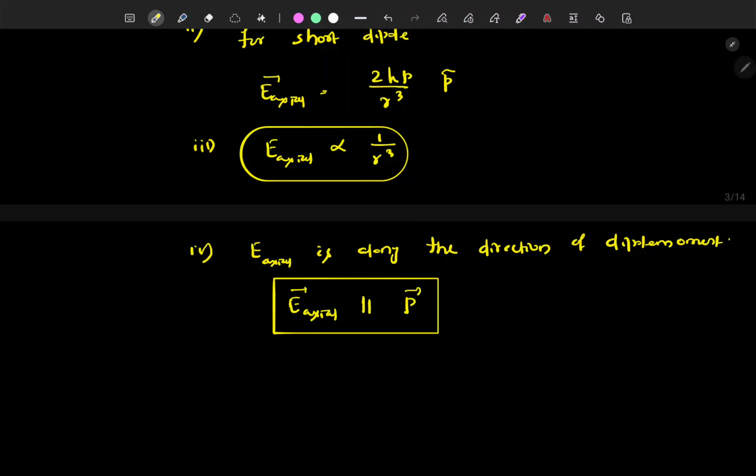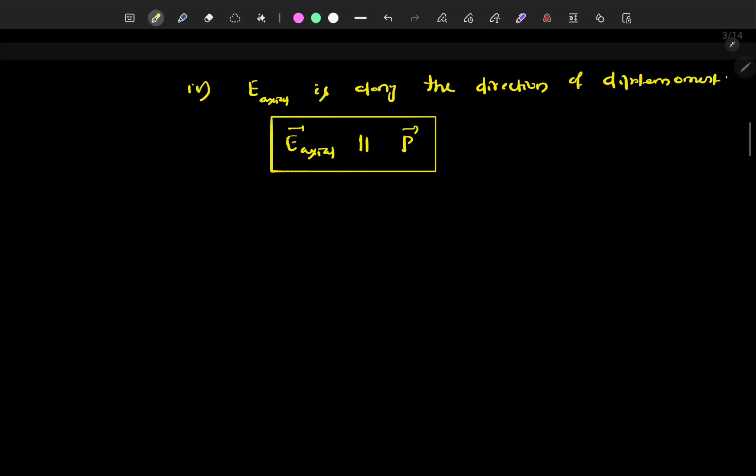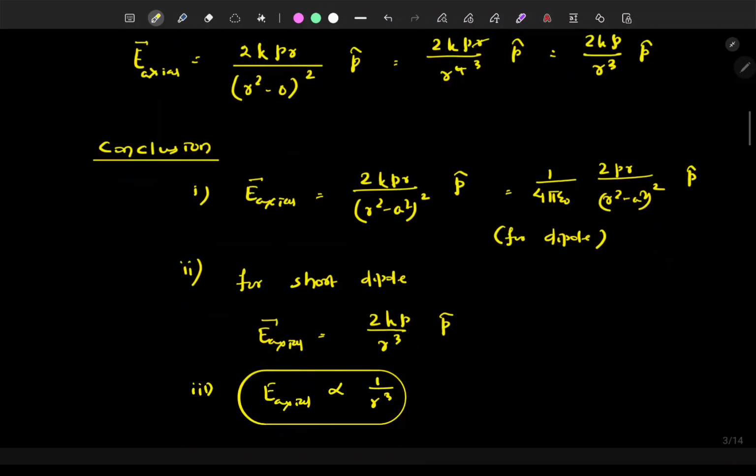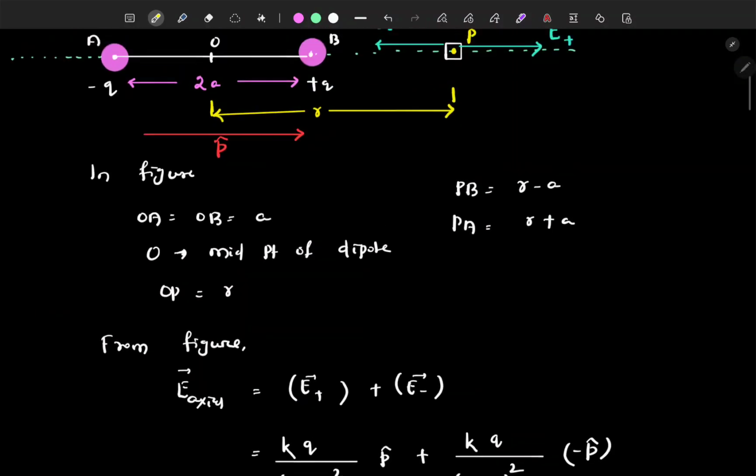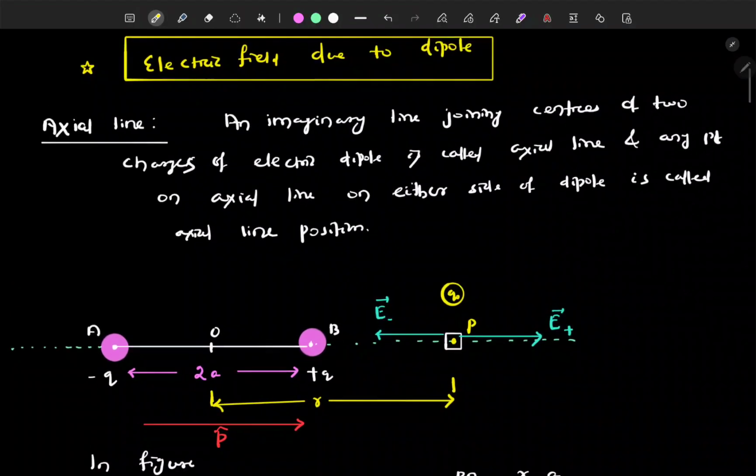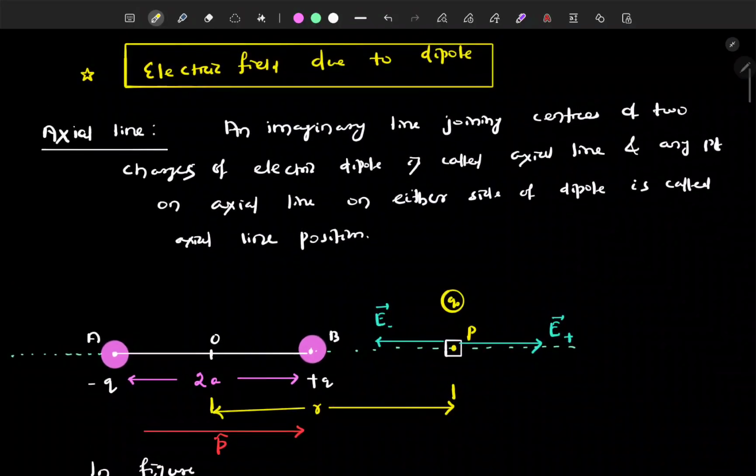So what is the angle between dipole moment and net intensity due to the axial point? Theta is equal to 0 degrees in this case. So this is about your electric field intensity due to a dipole on the axial line, case 1, at axial point.